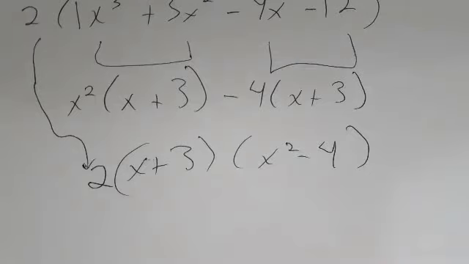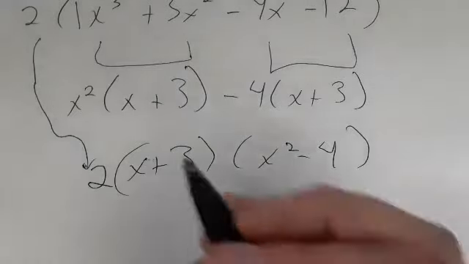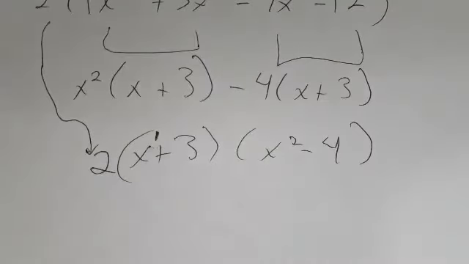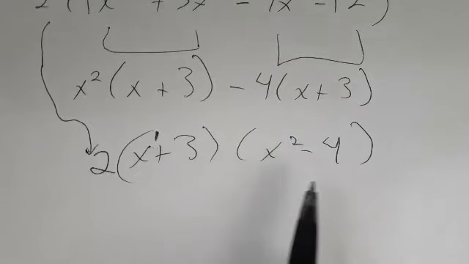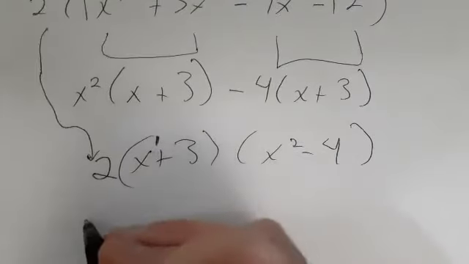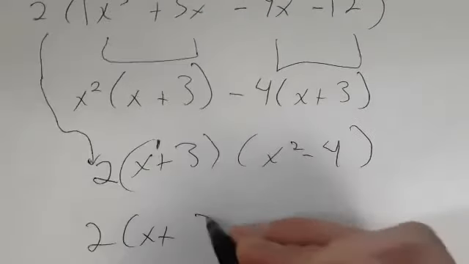Now we're looking at this. If we want to check the factoring, we can, but that doesn't tell us if it's fully factored. Is this thing fully factored? If I'm looking at this, this is an x squared minus 4. So this is still a difference of squares.